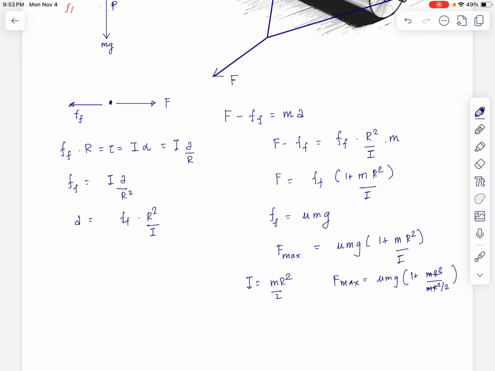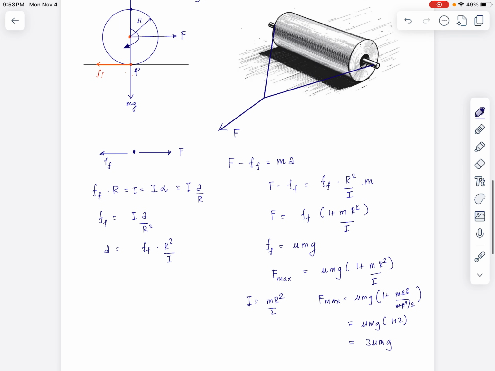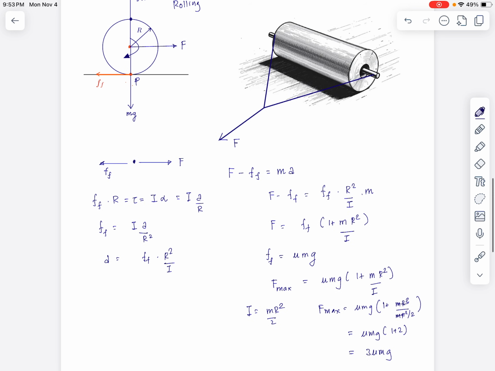So it is mu mg times 1 plus 2, so it is 3 times mu mg. So the maximum force that we can apply before this cylinder starts to slip cannot exceed 3 times mu mg.